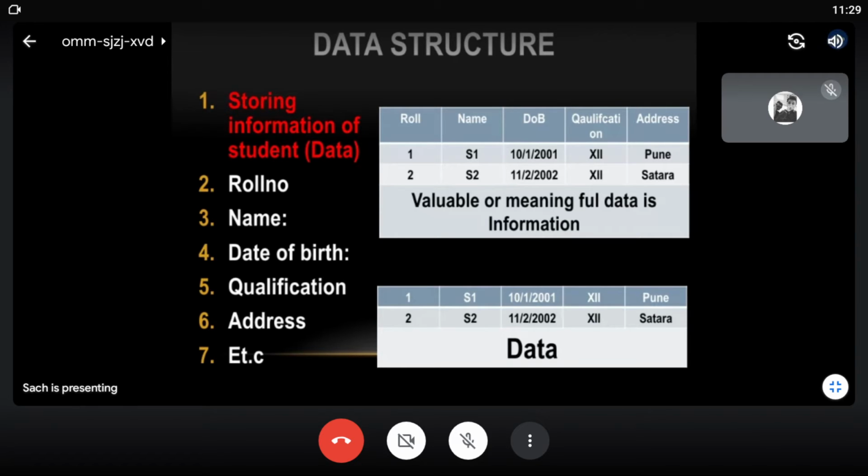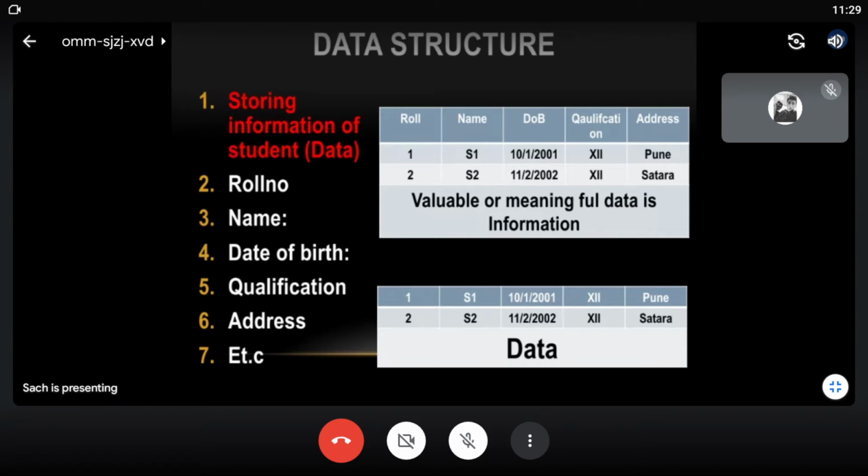Similarly, we have date of birth in the format DDMMYY. When I say that it is in the format DDMMYY, actually it is structured data. Then next is qualification. We have given 12th as the qualification and the address is Pune for S1. Similarly, Satara is the address for S2.